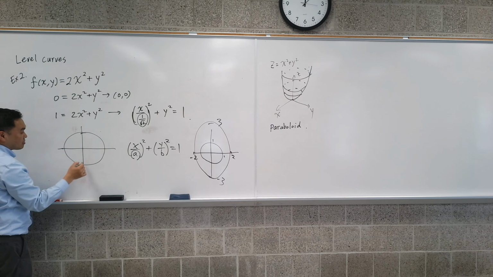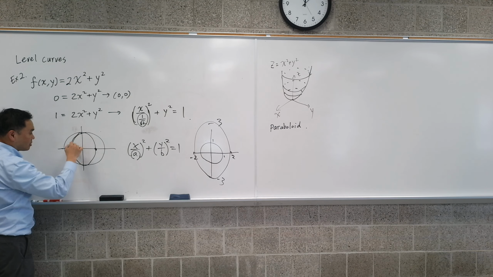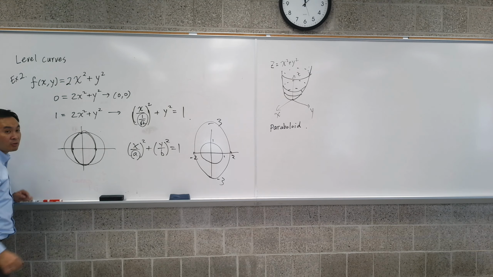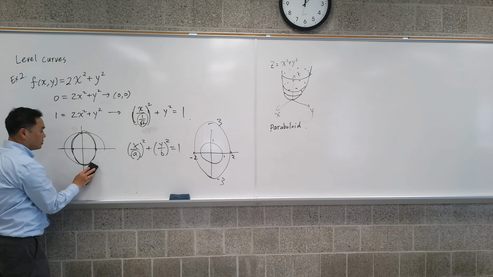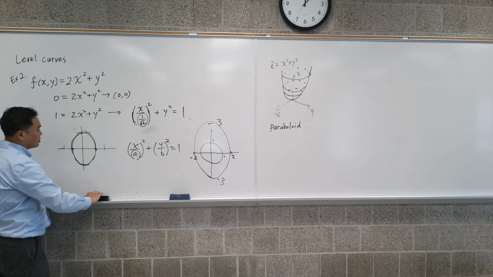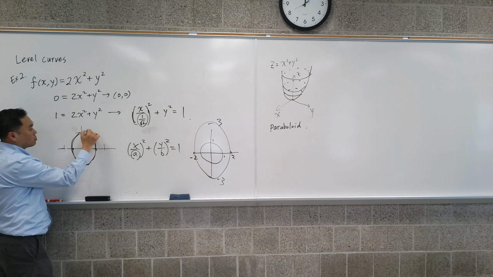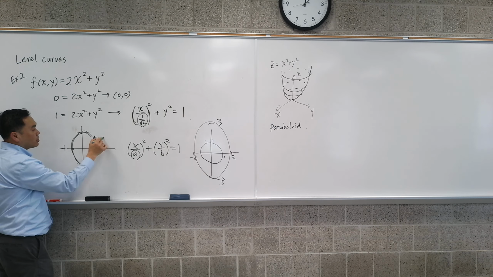The y coordinates stay the same, but the x coordinate shrunk to about 70% of its original length. So this is what you get. Okay. And this is going to be your level curve at k equals 1. It'll be the k equals 1 level curve.